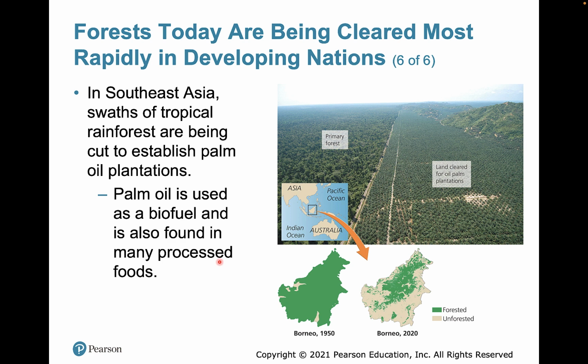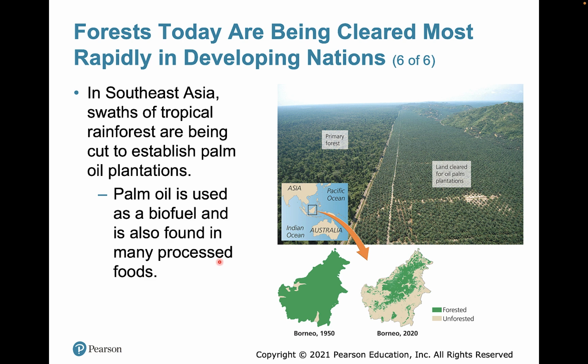The Amazon rainforest is an interesting case study, but I think this one is more interesting. So this is what's happening in Southeast Asia. They are cutting down huge tracts of tropical rainforest in order to grow palm, which is used for palm oil. It's a biofuel, and it's found in a whole lot of processed foods. We're going to talk about palm oil in our key points a little bit deeper.